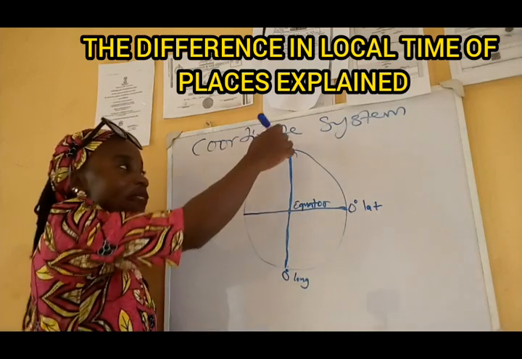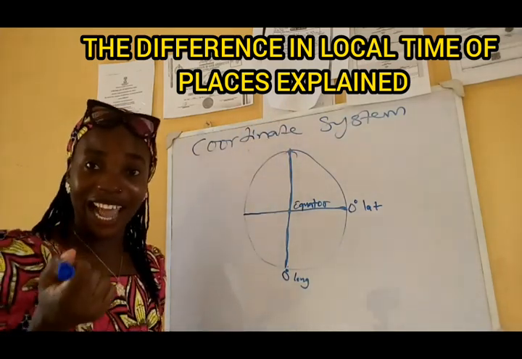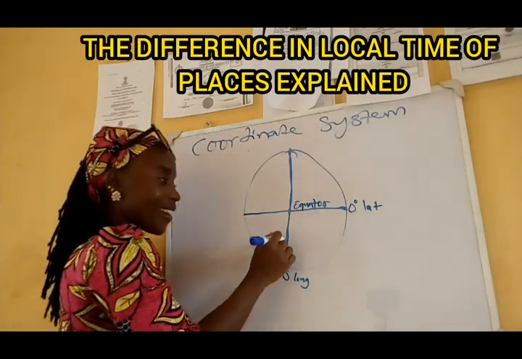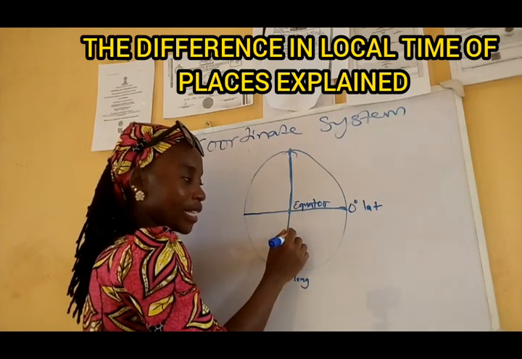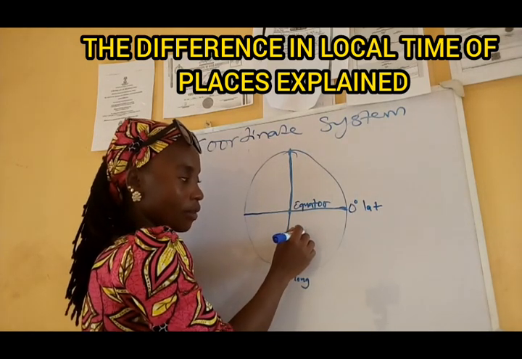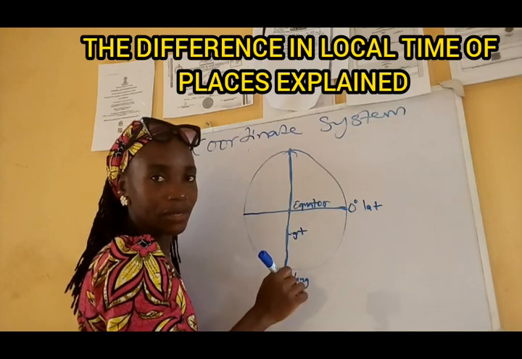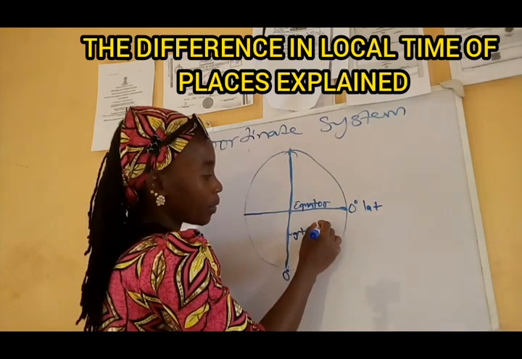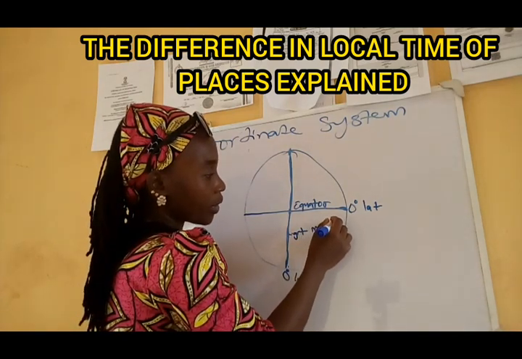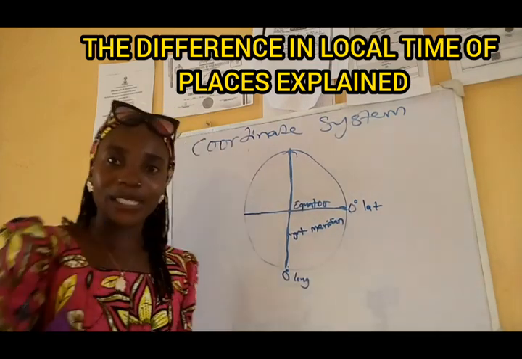Then you have the vertical line, which is the line of longitude, known as the Great Meridian. Now, let's just use abbreviations. The Great Meridian. Now, how does it work?